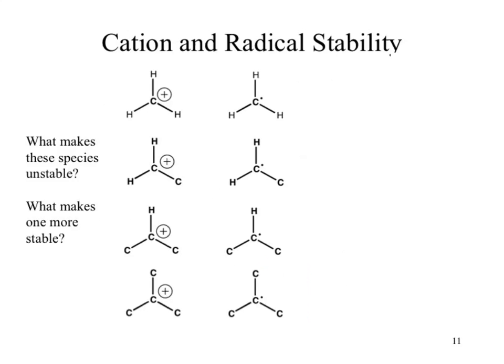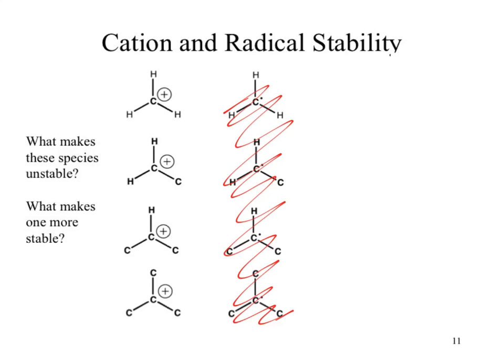So let's take a look at some general problems here. We can ignore the radicals, though they're ultimately the same kind of idea as our cations. First off, are these four things different? What's different about them? Number of carbons. That bottom one is typically referred to as what kind of carbocation?